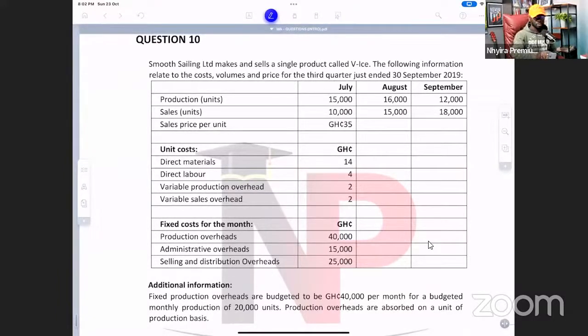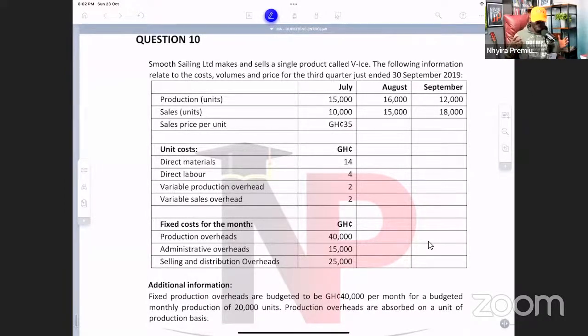Now, the issue generally about marginal costing and absorption costing has been how most of you are messing up with determination of the cost per unit and also dealing with over and under absorption. That has been the headache of many of you.